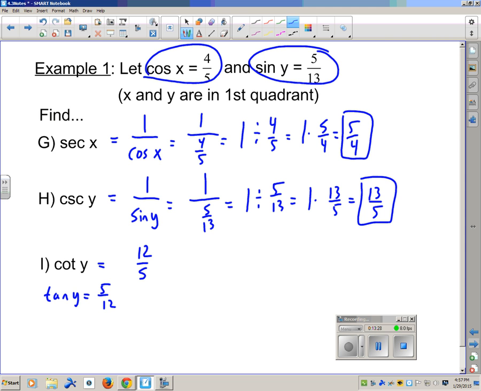Could we have done the same math as we did for cosecant and secant? Sure, but as soon as you see the pattern and understand it, just go ahead and write the value down. You don't have to do all that other math if you already understand the relationship. That's what we want you to see. Tangent and cotangent have reciprocal relationships, so if tangent is 5/12, then the cotangent is 12/5.